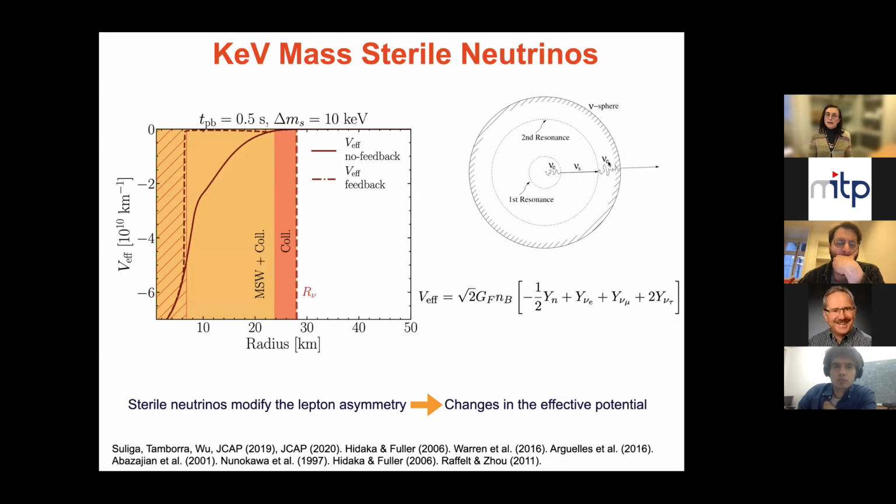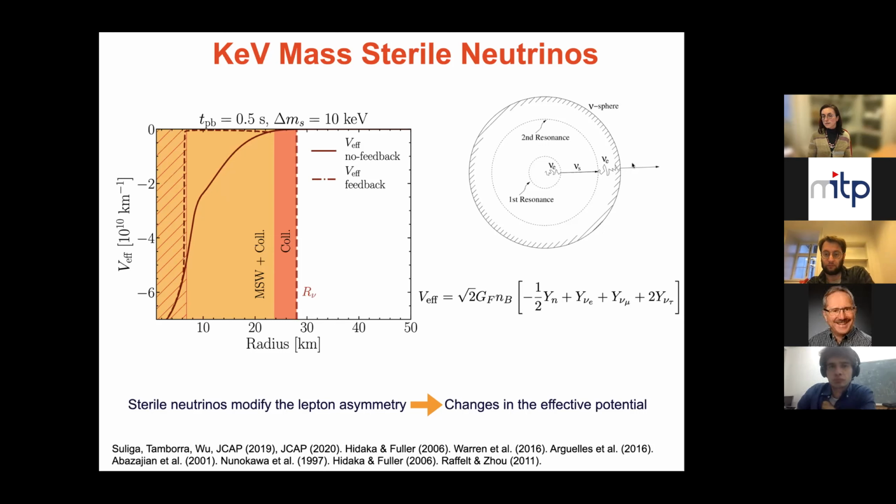So these kinds of extra ingredients were proposed in the early days, or were just invoked, to hide the supernova explosions, exactly because we have neutrinos with very high energy here that are then transformed into steriles. And so this becomes a very natural way to transfer very energetic particles from the core of the star in the outer regions.